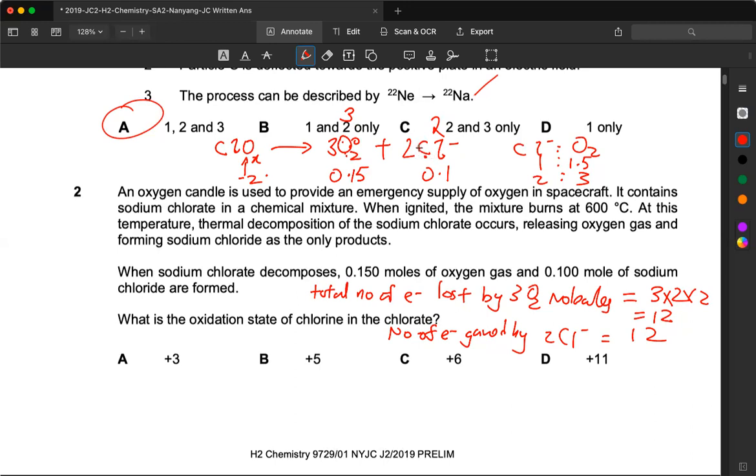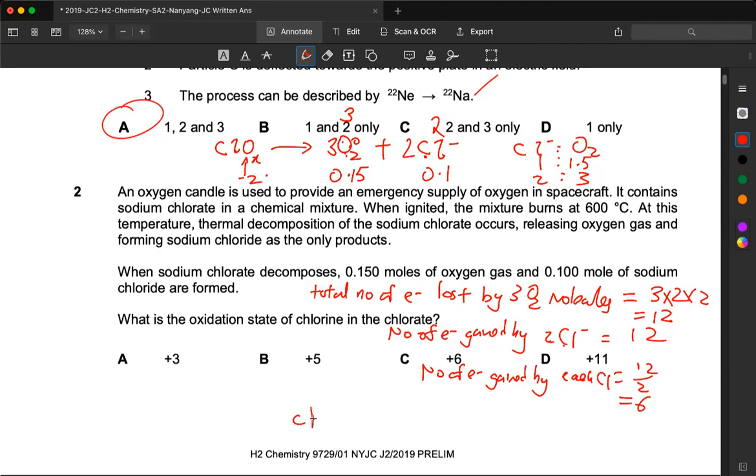But there are 2 chlorides, so each chloride will gain 6 electrons. So 6 electrons are involved.